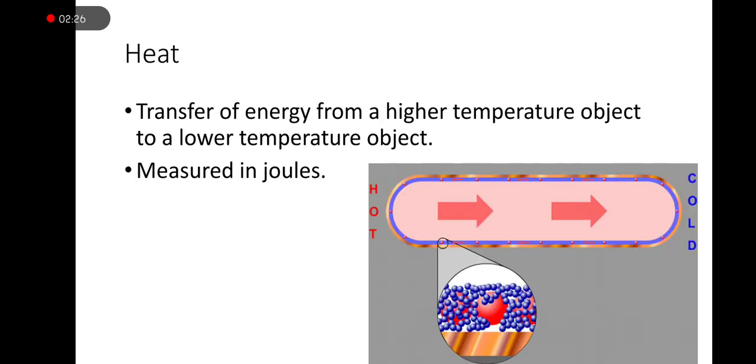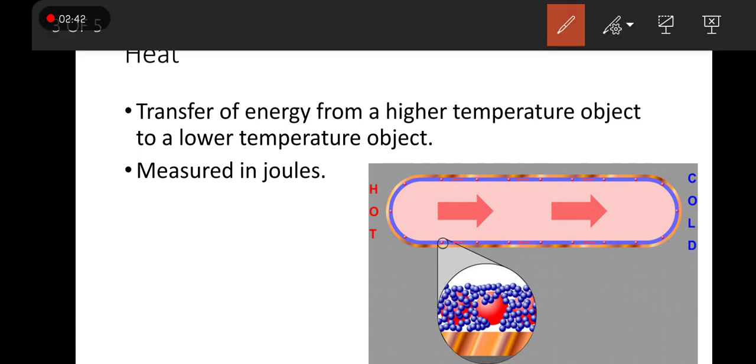Next is heat. Heat is different from temperature. Heat means the transfer of energy from a higher temperature object to a lower temperature object. You can see in this picture, one side is cold and this side is hot, and these are the atoms or particles.